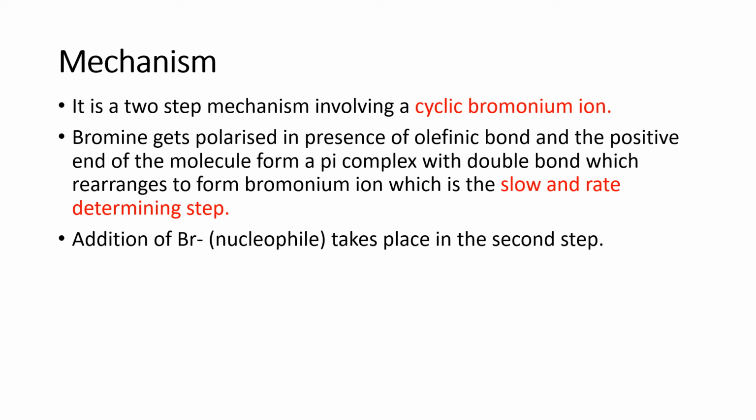In the first step, bromine gets polarized in presence of the olefinic bond, and the positive end of the bromine molecule forms a pi complex with the double bond. And this pi complex rearranges to form a cyclic bromonium ion, and the formation of this cyclic bromonium ion is the slow and rate determining step.